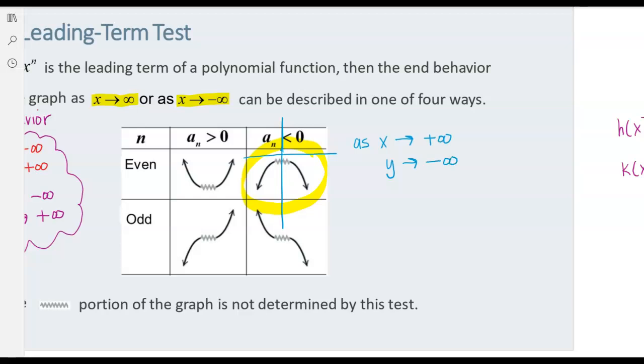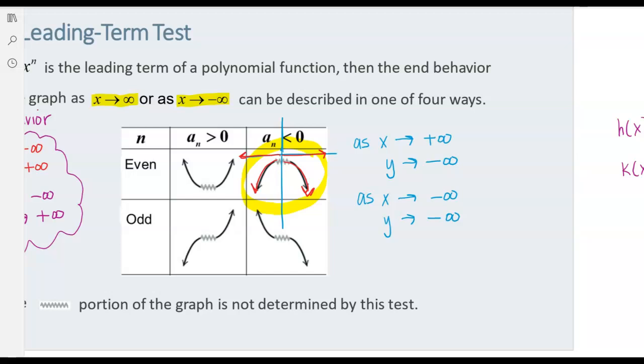I'm saying that as I move this way in the x direction, the graph is going down towards negative infinity. Going the other direction, as x moves towards negative infinity, so as x goes this way, what's happening to the graph? Y is going towards negative infinity. Again, this is a way that we describe the end behavior.